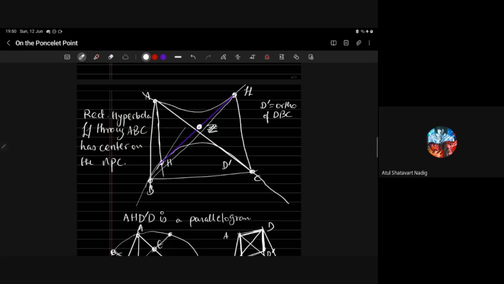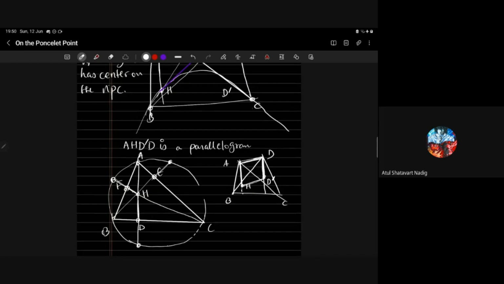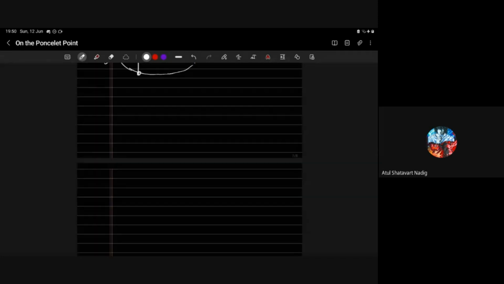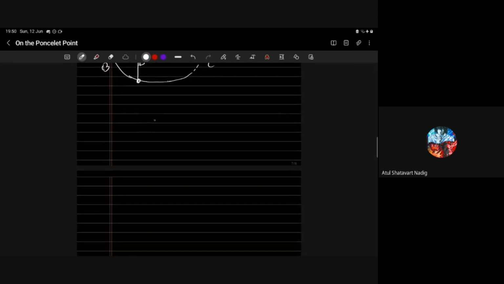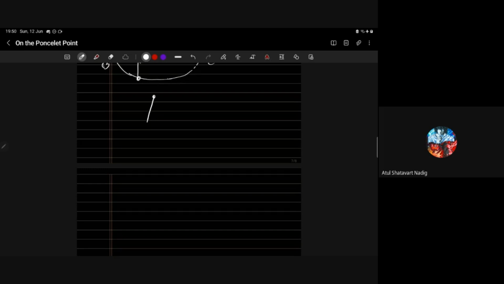Okay, so now here's the interesting thing. Now we'll add P into the picture. And I'm assuming P is not the orthocenter, obviously. So consider the rectangular hyperbola through ABCP.